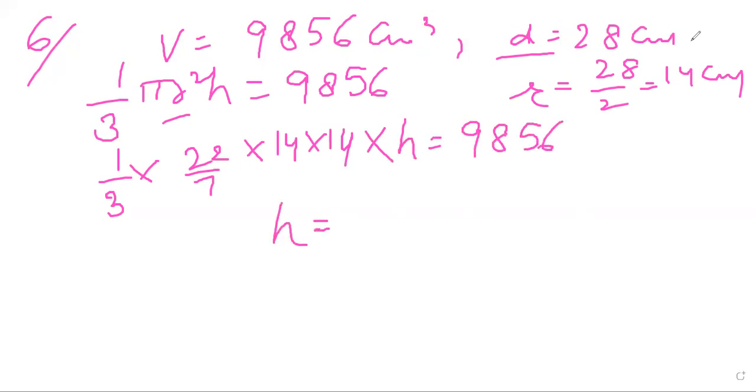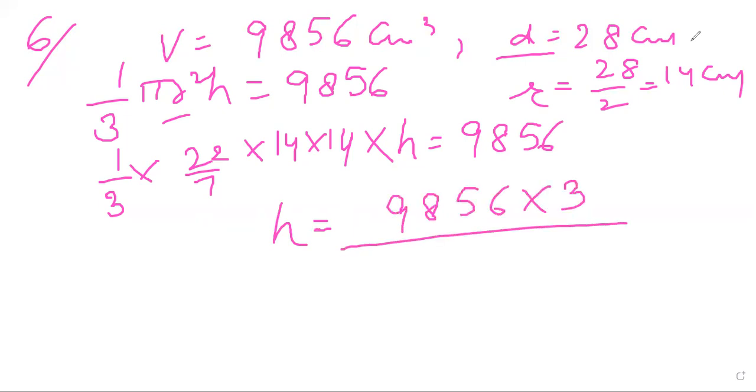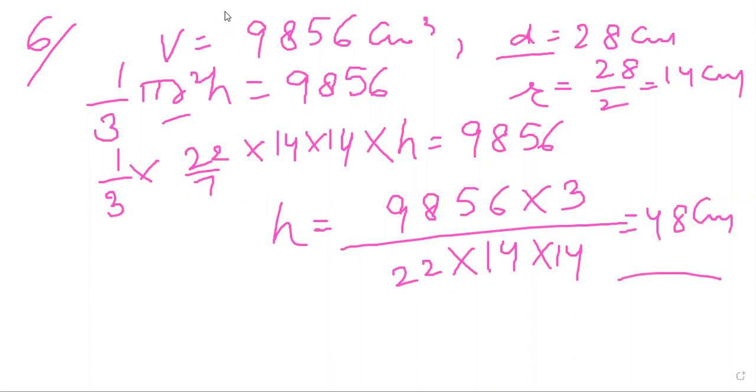Then height is equal to 9856 into 3 upon 22 into 14 into 14. After solving it and cancelling, we'll get its height, which will be equal to 48 centimeter.